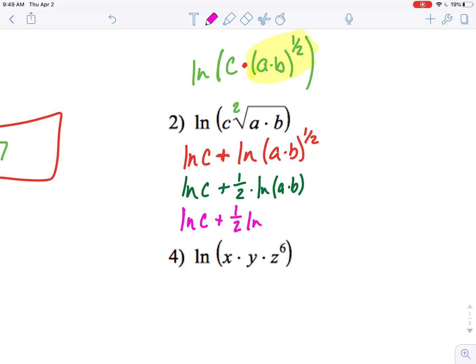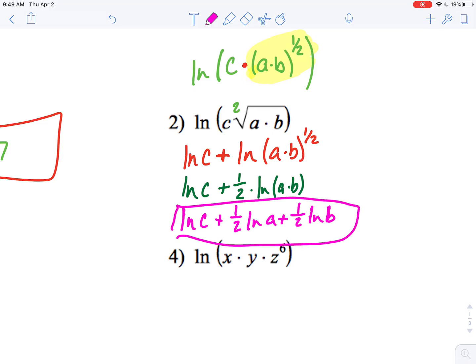So if I make this pink, I'll still bring down the natural log of c. But since I've got multiplication, I can split that into 2 logs. 1/2 times the natural log of a, 1/2 times the natural log of b.